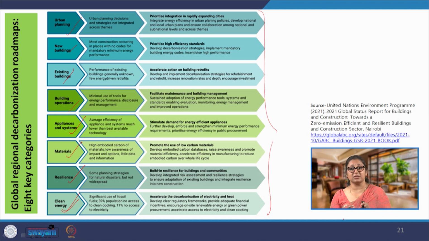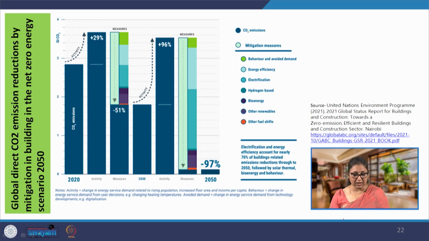This is a huge, Herculean task, but it is possible. If we are able to implement all these mitigation measures, then by 2050 we can aim towards a net zero emission building and construction sector.